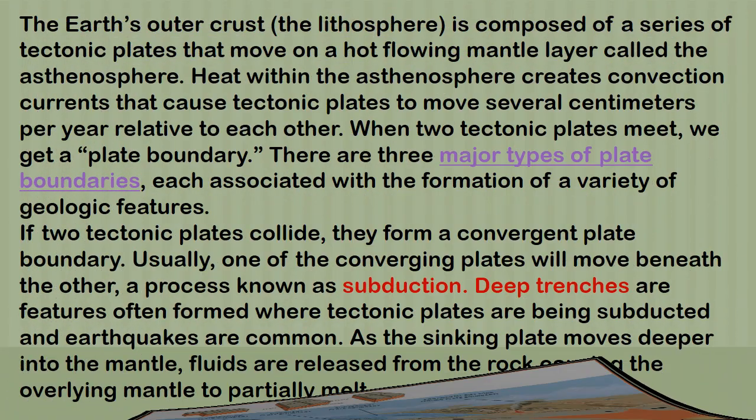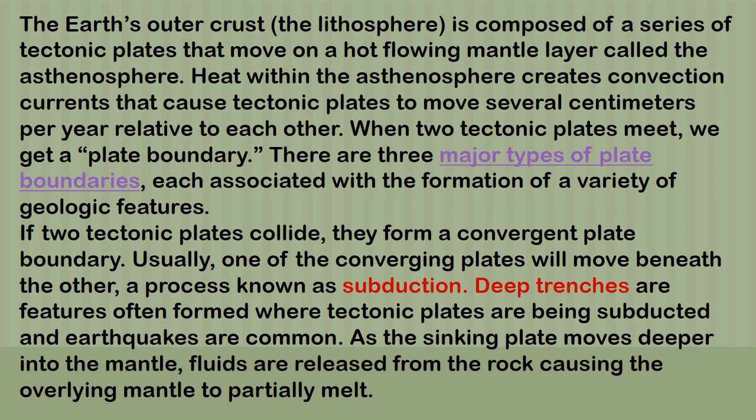So next to this is Earth's outer crust. The lithosphere is composed of a series of tectonic plates that move on a hot flowing mantle layer called the asthenosphere. Heat within the asthenosphere creates convection currents that cause tectonic plates to move several centimeters per year.